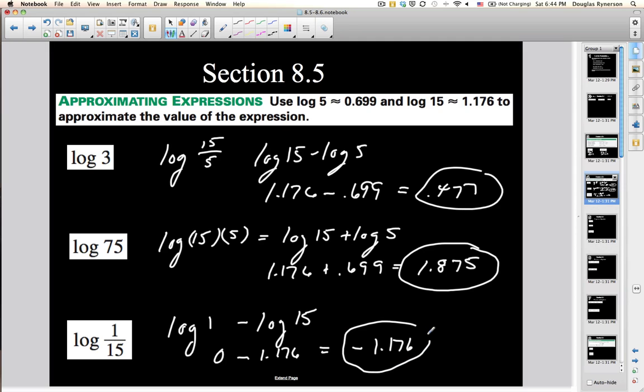So your task in this type of homework is to figure out how you can make the object of the supplied logarithm, or the logarithm in your problem, with the supplied values that they've given you. This is an example of working that way.